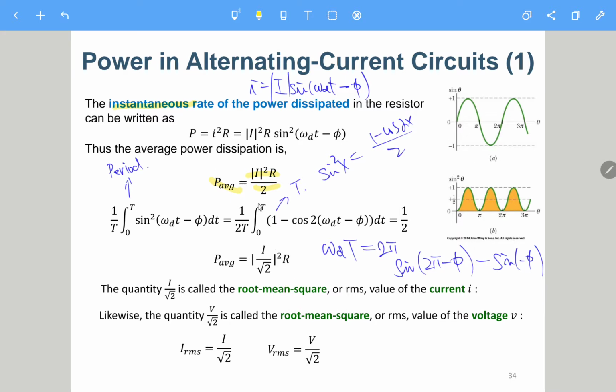Okay, so in that case, we can try to separate this into the square root of 2, and then we deliver it to this I. This I is the amplitude. The absolute value of I is the amplitude, and if we divide it by the square root of 2, it becomes the root mean square value.